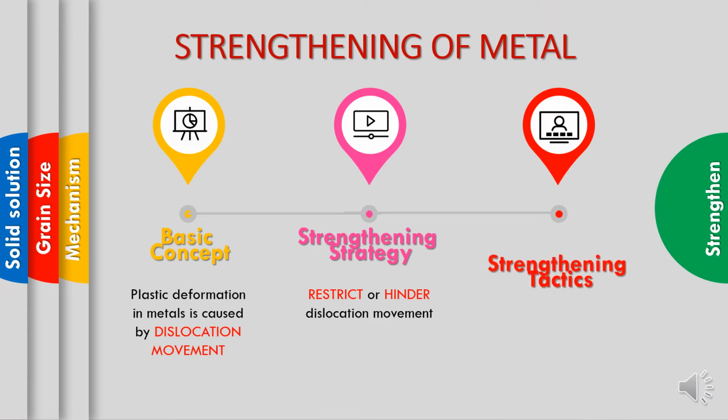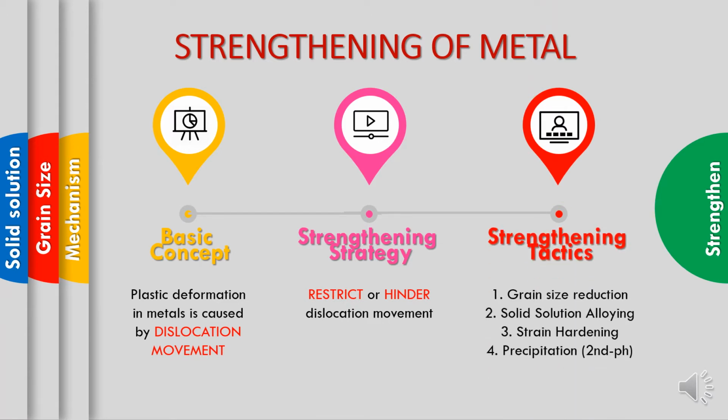In the strengthening of metals, we have three things we need to look at. The first one is the basic concept of strengthening of metal, which is that plastic deformation in metals is caused by dislocation movement or dislocation motion. And what is the strengthening strategy? The strategy is to restrict or hinder dislocation motion.